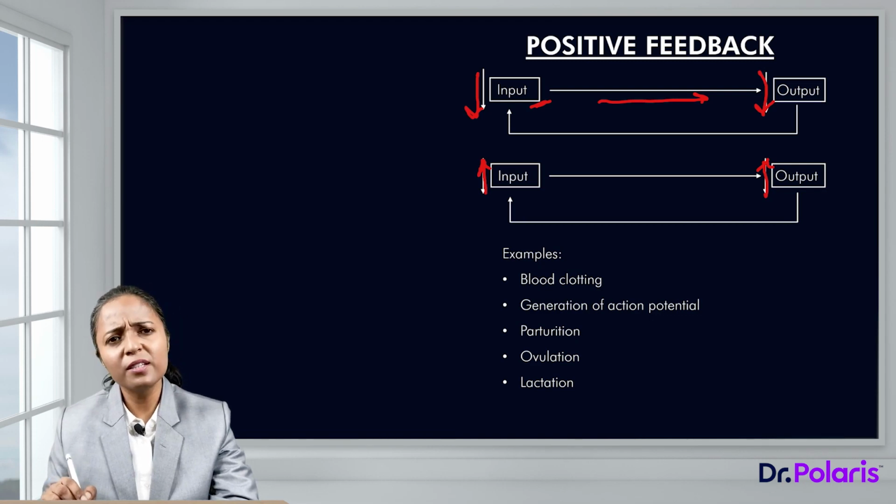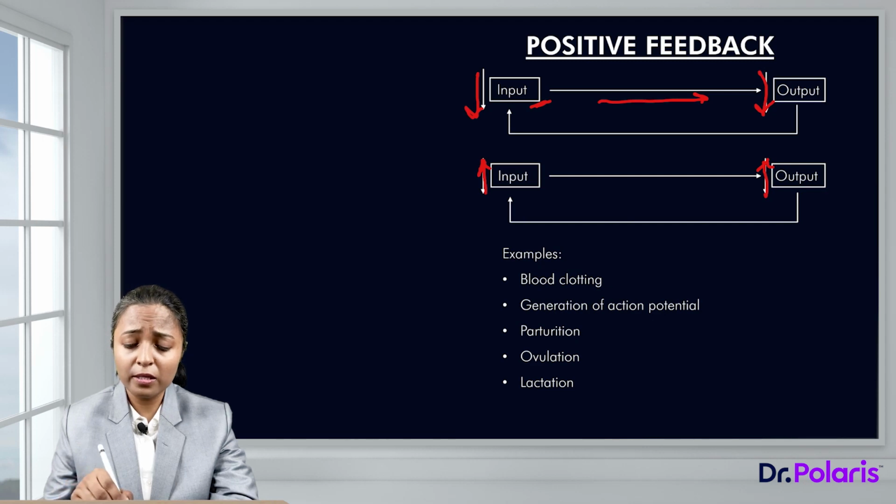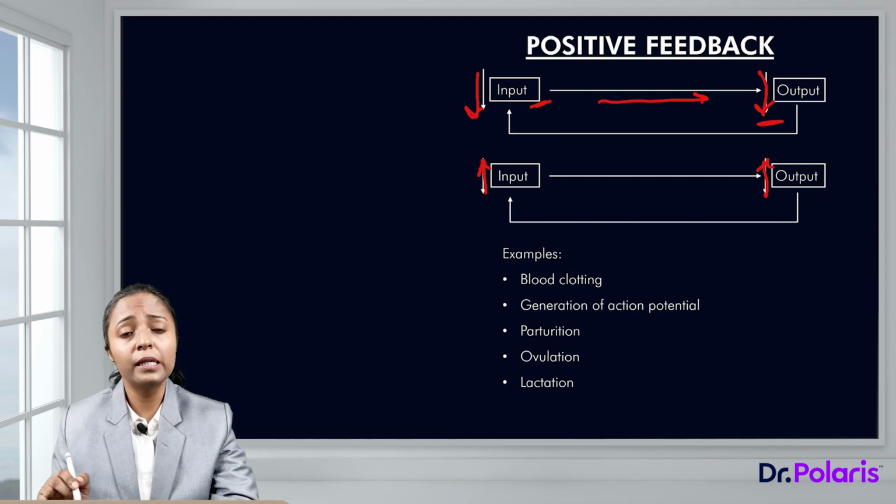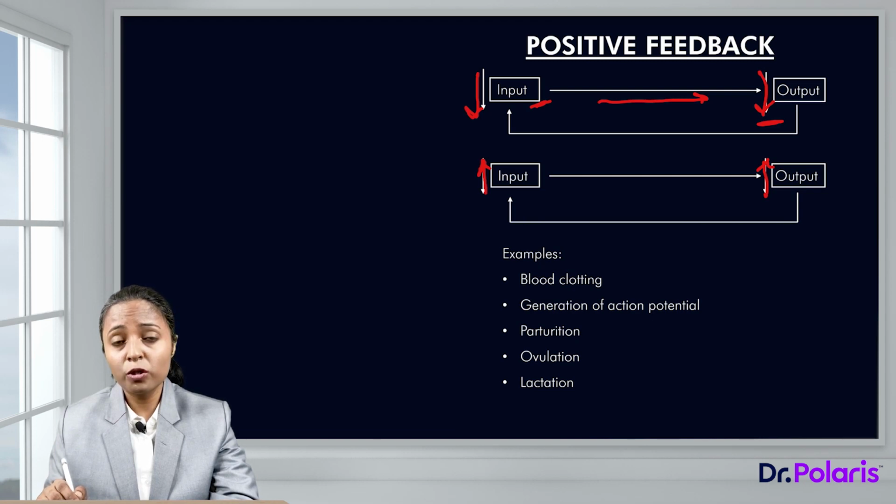So is this positive feedback system good or bad? See, if it is continuously changing the value of the variable in the same direction, it appears that, suppose blood pressure, if we take the same example, if blood pressure is decreasing, then it will continuously decrease the blood pressure and it will not be good for the system, isn't it? However, for certain functions, like in case of blood clotting, we want the state of the system to change very fast.